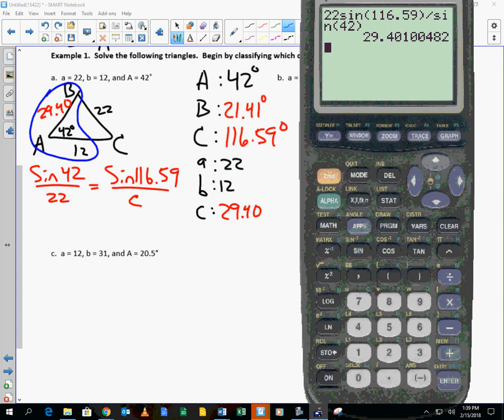So all you need then is two sides and the included angle, then you find the area. If you don't have them, then you can't do it. You got to find them. We've solved the triangle. We have all the pieces. If you didn't like that option, then it looks like B is 21.41, so you could do those instead. You got 3 options. Okay?